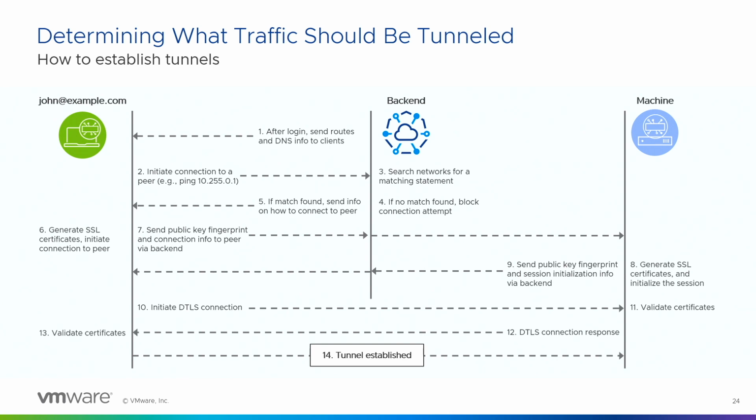This is why you can't intercept our traffic with an SSL decryption device. It can't really be broken or man in the middle because of this. So once we get that information over, the peer does the same exact thing, sends its public key information over, and then we start to initiate those DTLS communications. And assuming everything checks out, now we have tunnel establishment, now we can start forwarding traffic.